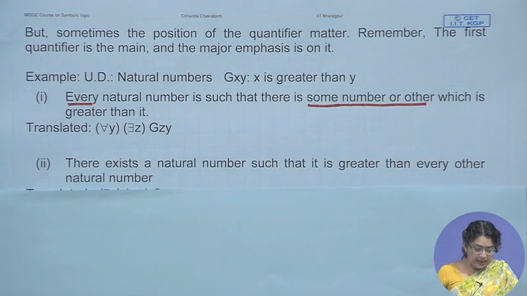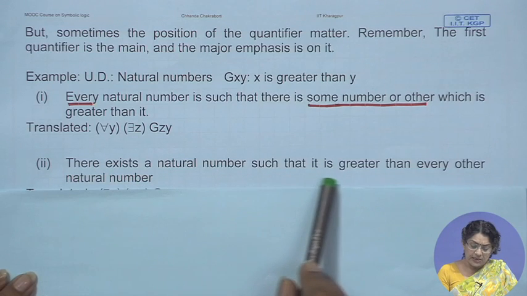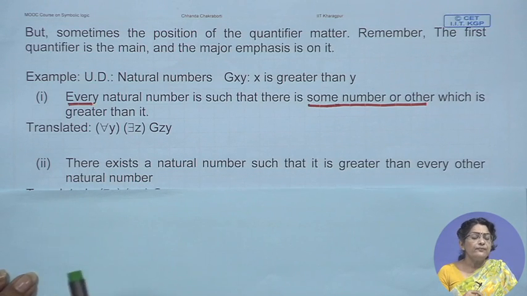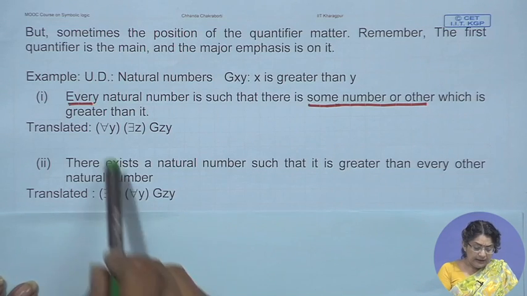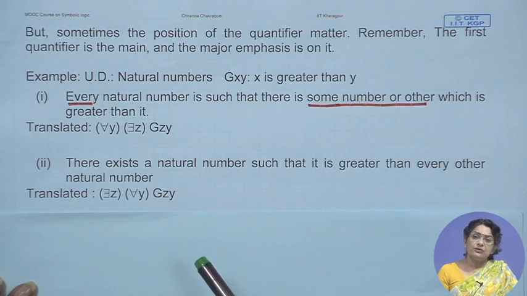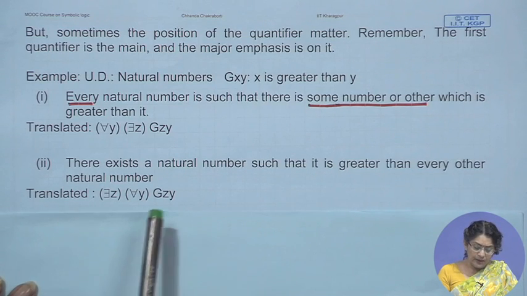Just see that if we change the sequence, you give rise to another sentence altogether, which says there exists a natural number such that it is greater than every other natural number. What have we done? Changed the position of the quantifiers. Now we have: there exists at least one z such that for all y, G z y.